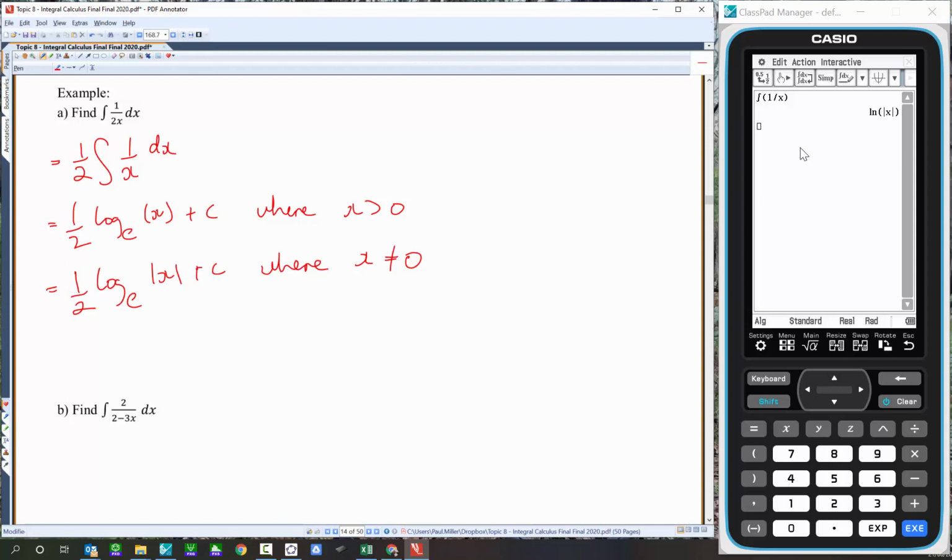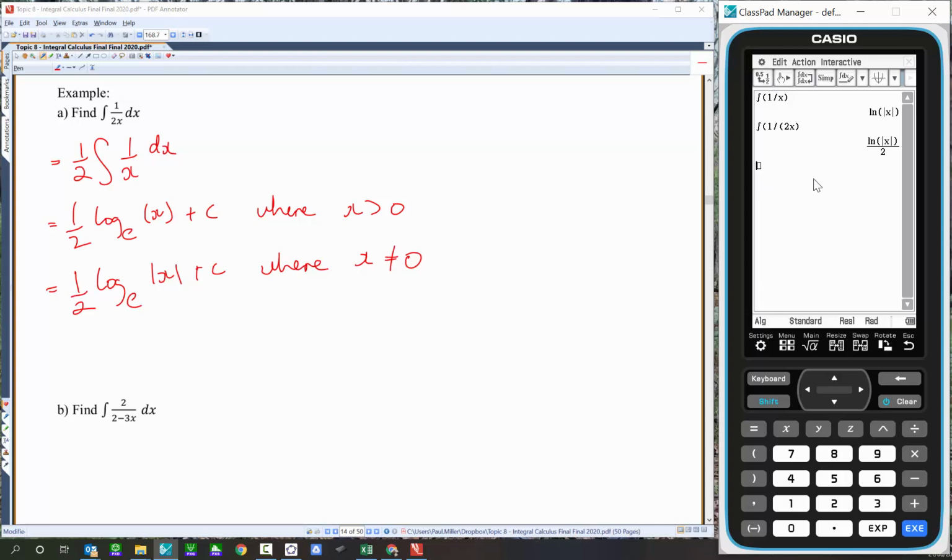So I'll show you what I mean. Let's integrate 1 over 2x. All right, so that's what the calculator says. This basically says you can use it for any number in the real number system other than 0.